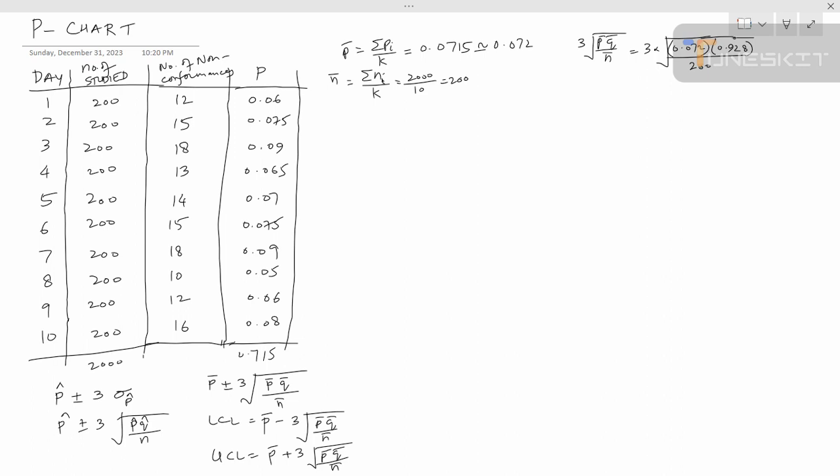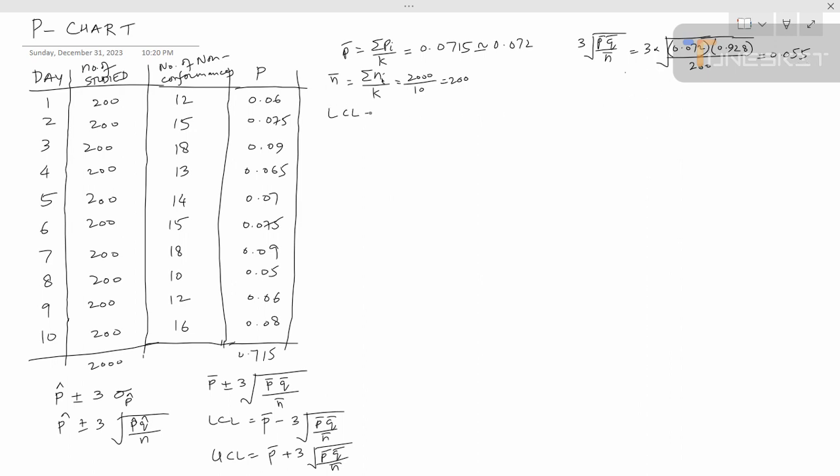That gives us 0.0552. So we can again round it off to 3 decimal places.